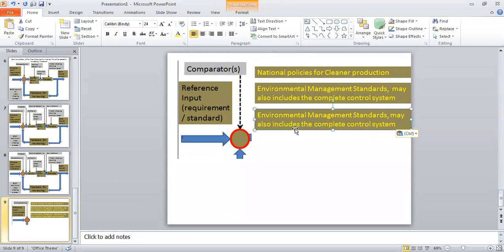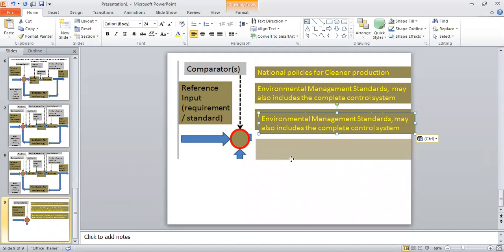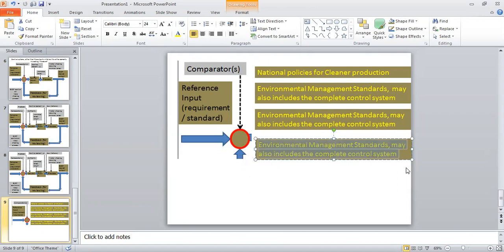What else? If we take something like regulations, other policies, other standards, possible inputs, and also some knowledge about environment, knowledge about EMCP, some knowledge about air pollution and all.